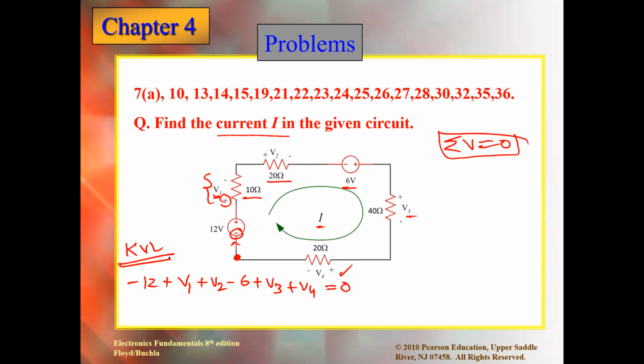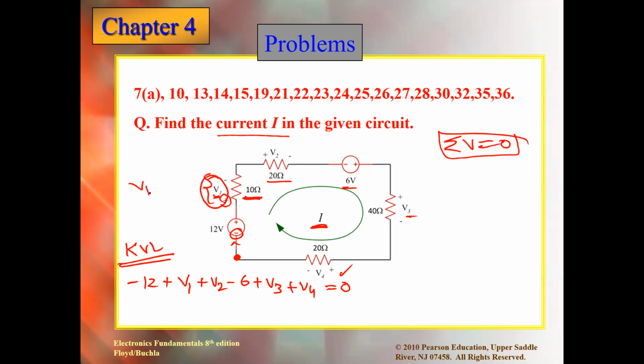Now, guys, we need to find V1, V2, V3 and so on. How can we find V1? V1 is basically not given. What we have been given is the resistance only, right? 10 ohm. If we multiply this 10 ohm by this current, will it be the value of V1?